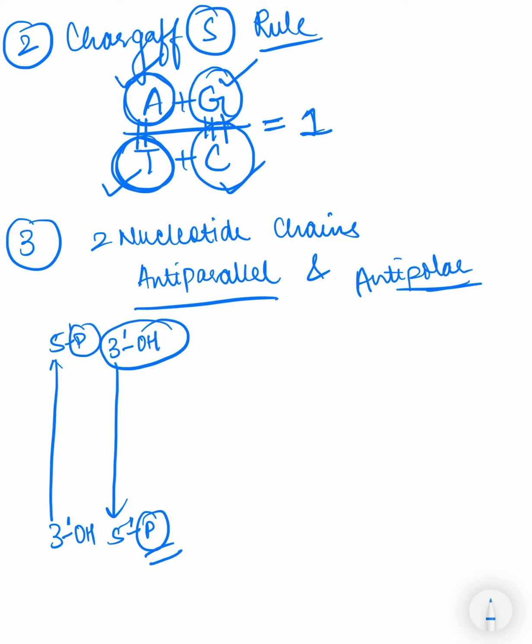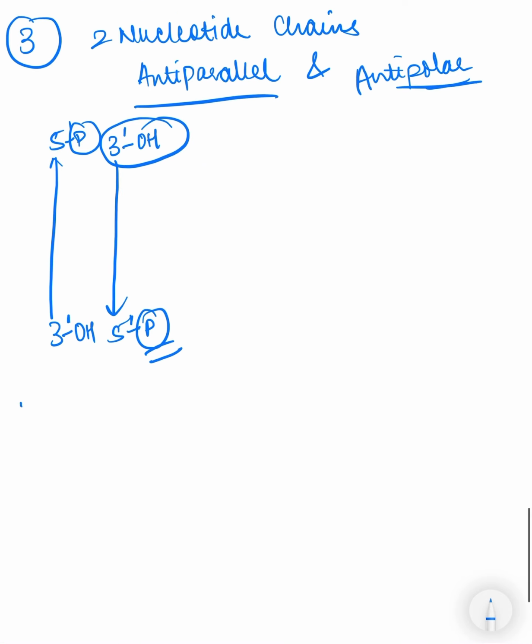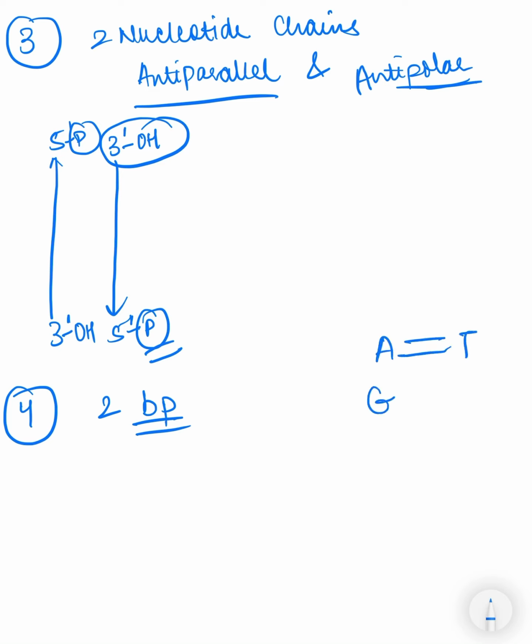Right? Now the fourth feature of DNA is between these two base pairs, as in the adenine and thymine, guanine and cytosine. The distance between these two base pairs is 0.34 nanometers.